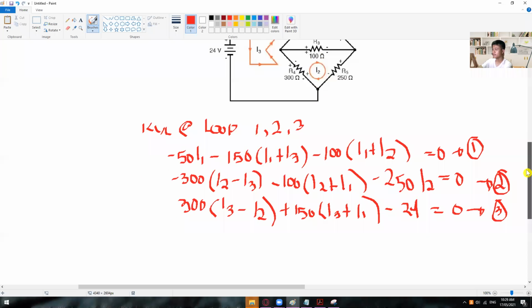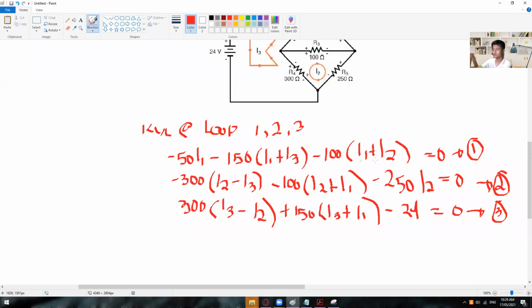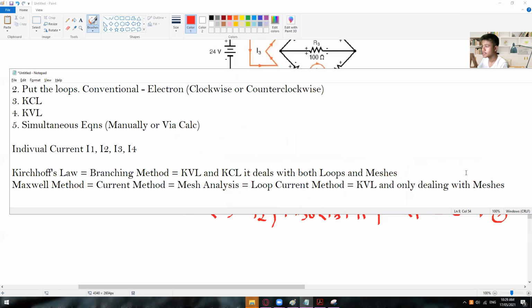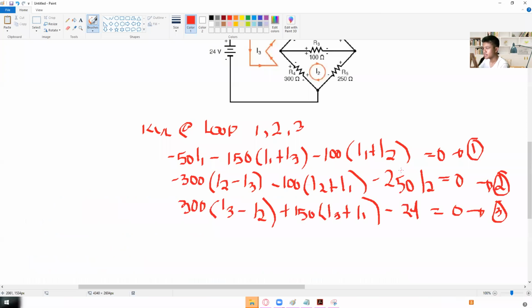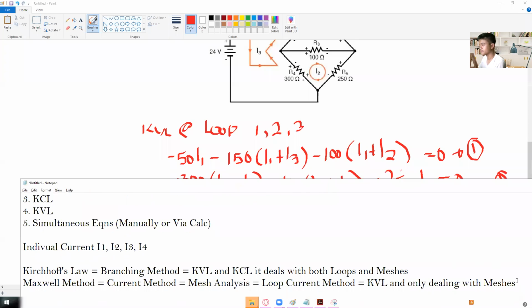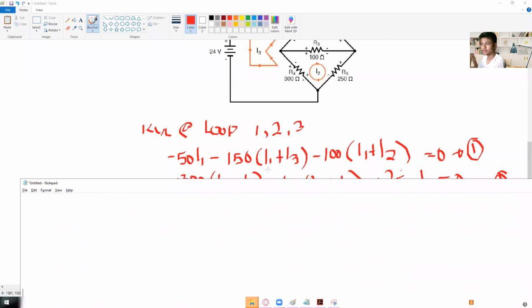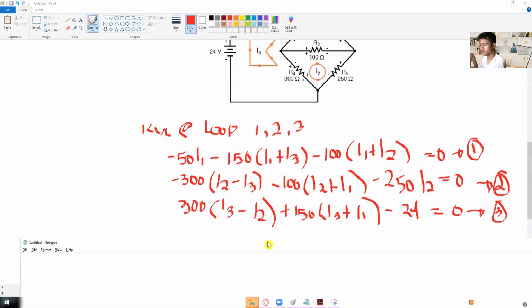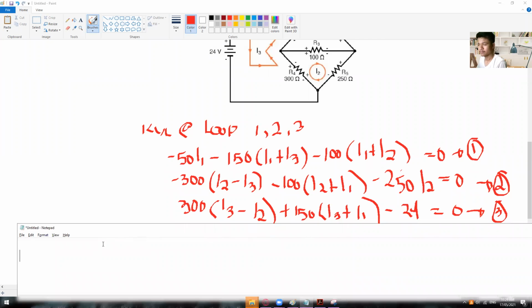From here you can simplify this by distributing the negative 150 I sub 1 and I sub 3, the same with negative 100. I think it's easier to do this in Notepad, since it's harder to draw in Paint.